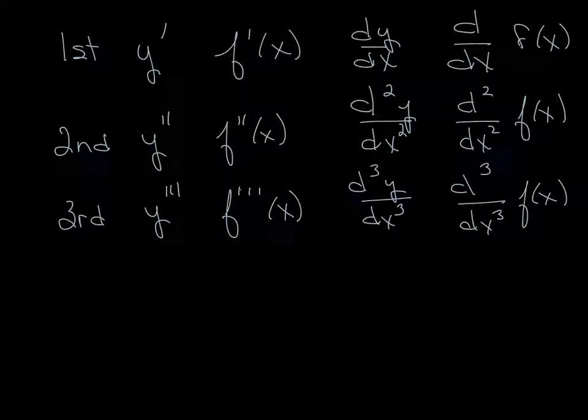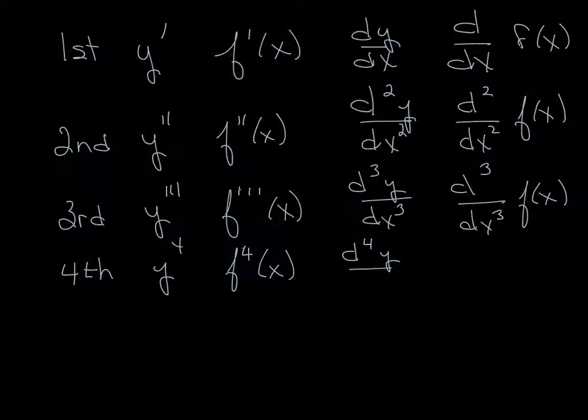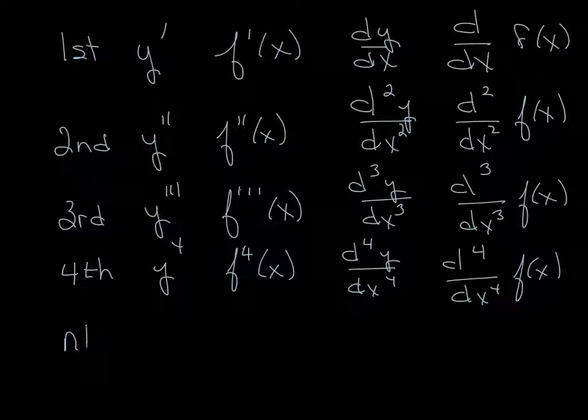If we had a fourth derivative, we quit doing the little tick marks and we would just have y to the fourth, f to the fourth of x, d to the fourth y over dx to the fourth. I think you can see the pattern here that's beginning to emerge. Or even just the nth derivative.